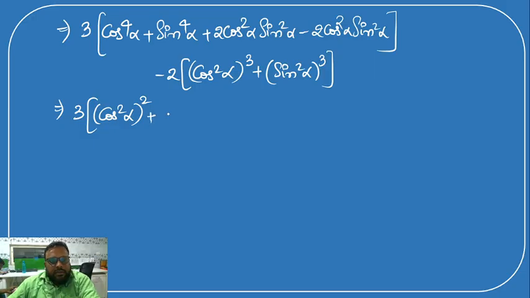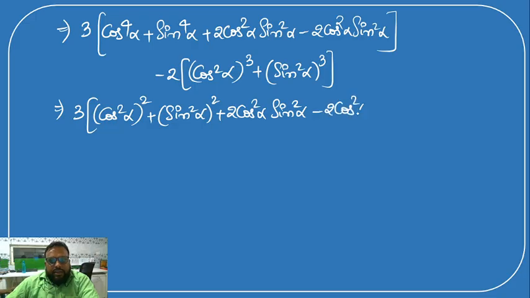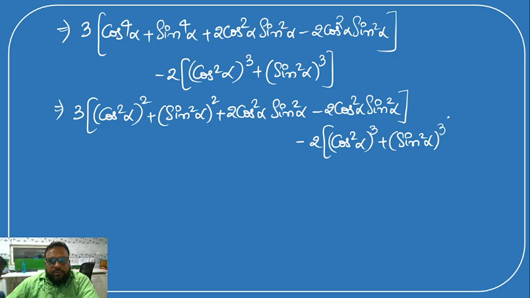Plus sin to the power of 4 alpha, I will write as sin square alpha whole square, plus 2 cos square alpha sin square alpha. This remains as it is, minus 2 cos square alpha sin square alpha. Here minus 2 into this bracket also I will write the same way. We will expand it in the next step. Plus sin square alpha whole cube.